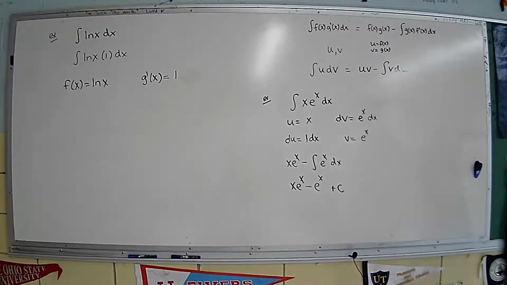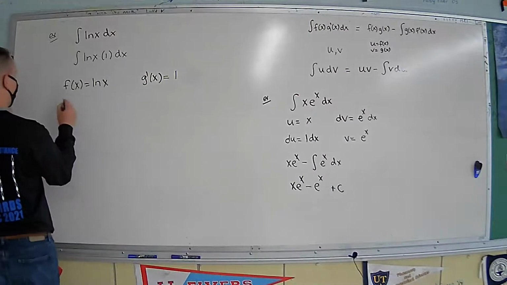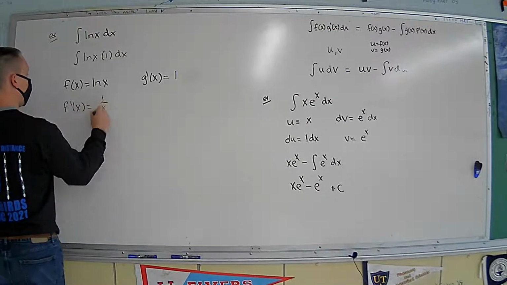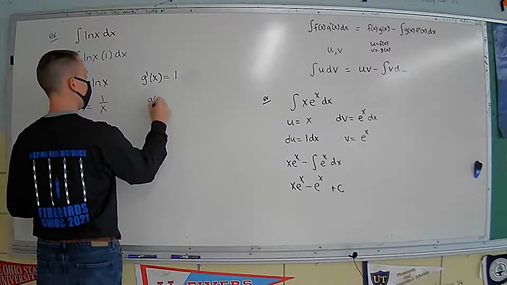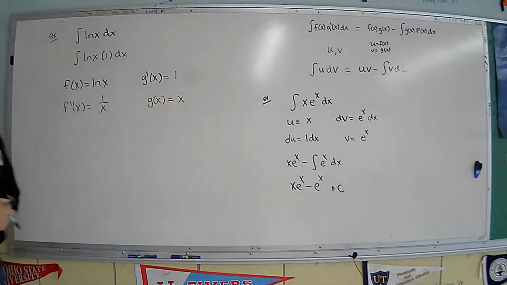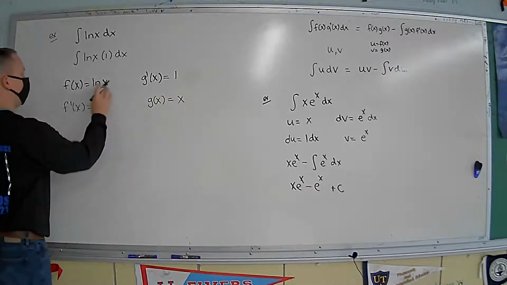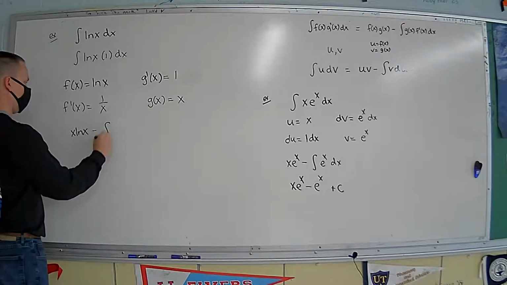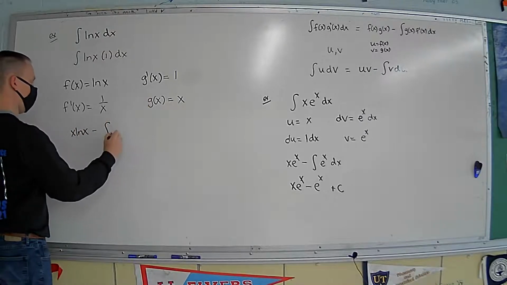So we got 2 out of 4 parts. We got to find the other 2. What's f prime? 1 over x. What's g? x. Right? So here we go. It's f times g minus the integral of g f prime.